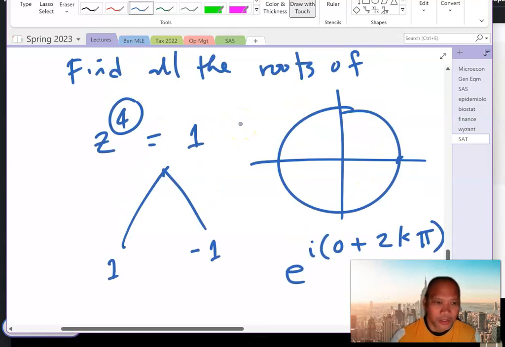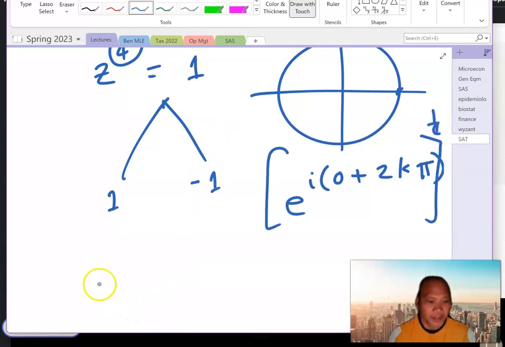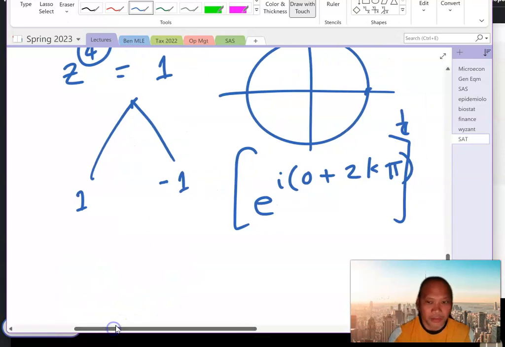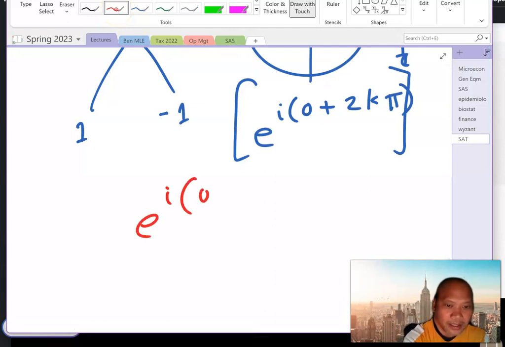So really what we are looking for is the fourth root of that, so to the power 1/4. So this means that we are looking for e to the i times 0 plus 2k pi divided by 4.